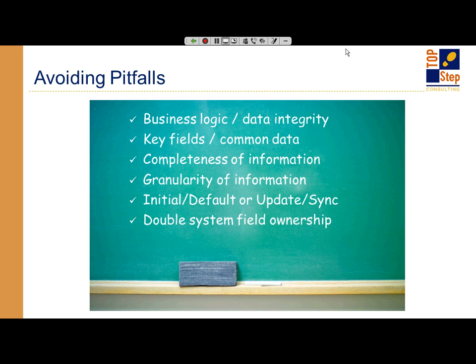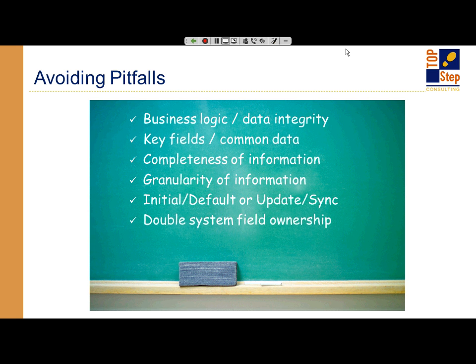Most likely yes, because you want to keep that data in sync. But if I changed it in my PSA, do I want to send that change backwards into my CRM? And usually the answer is no. Usually one system owns the field. That way you have a master of the data.